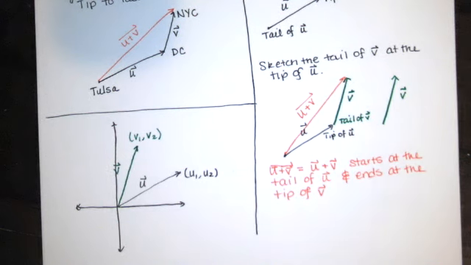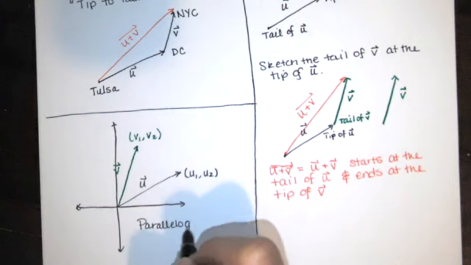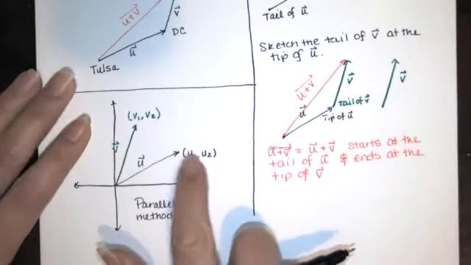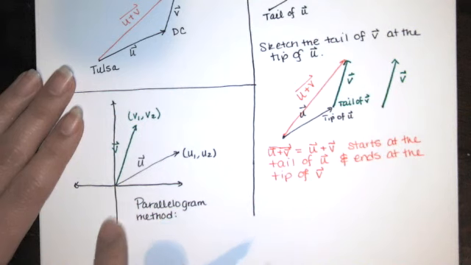The textbook authors say with the parallelogram method, u is this point, v is this point, the origin is the third point.